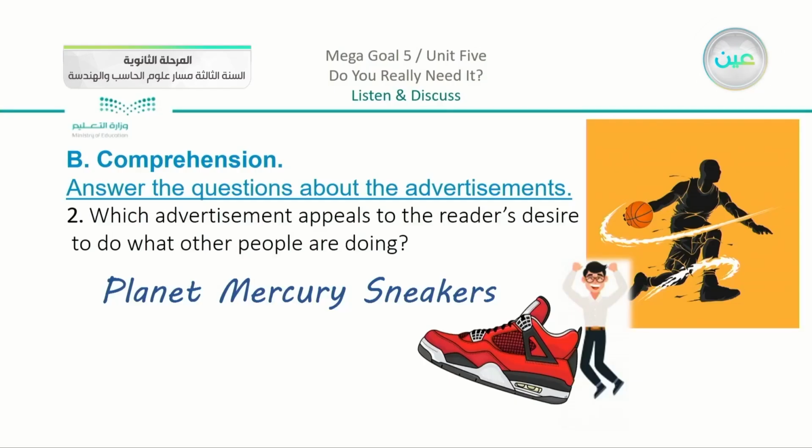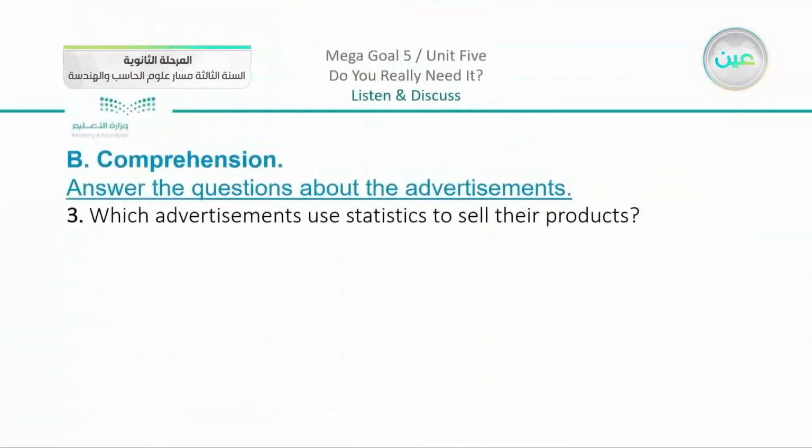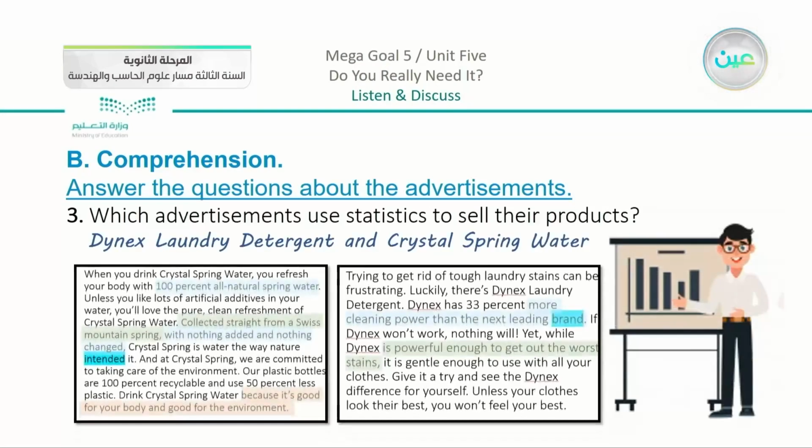So we have here the Planet Mercury sneakers in general, and then we have here which advertisements use statistics to sell their products. So actually here we did mention something about numbers, about statistics, and here we have 2 types. So you can see that we have here the Dynex laundry detergent and the Crystal spring water. They both had some kind of statistics in the paragraphs that we mentioned.